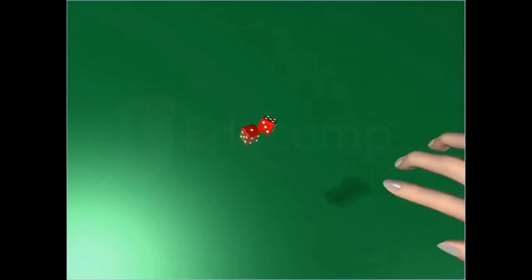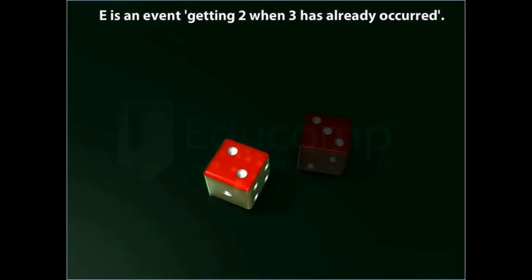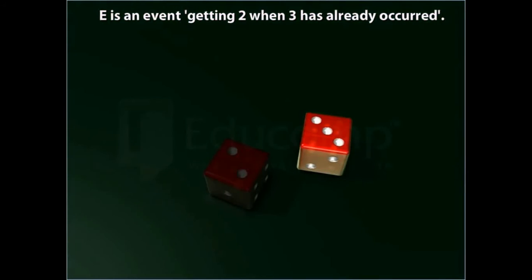Next, consider an event of getting 2 when 3 has already occurred on 1 dice.